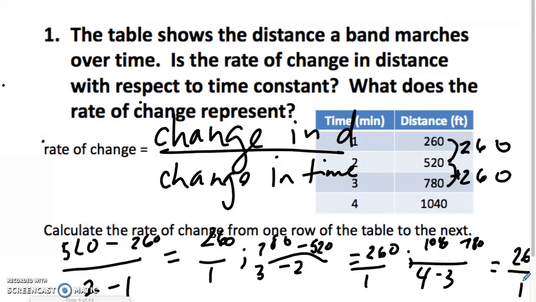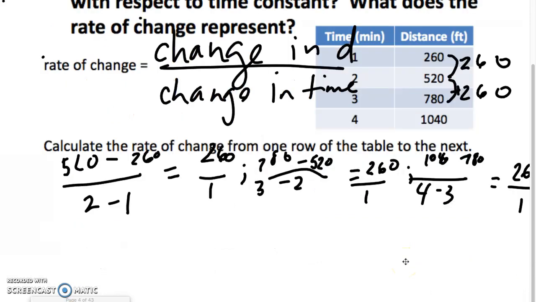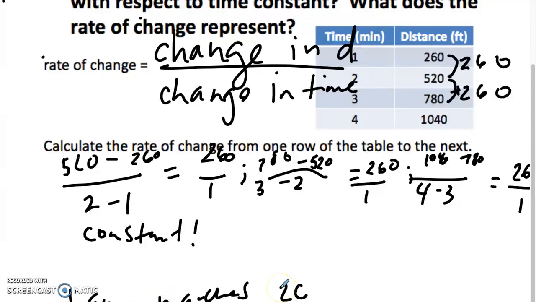Since it stays constant, my band marches 260 feet per minute. So my rate of change is constant. My band marches 260 feet per 1 minute.